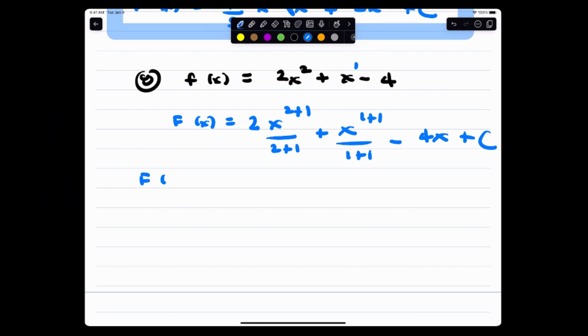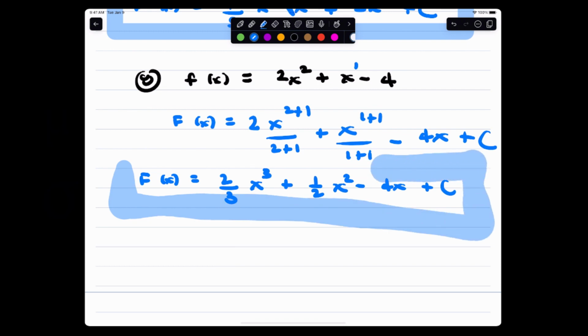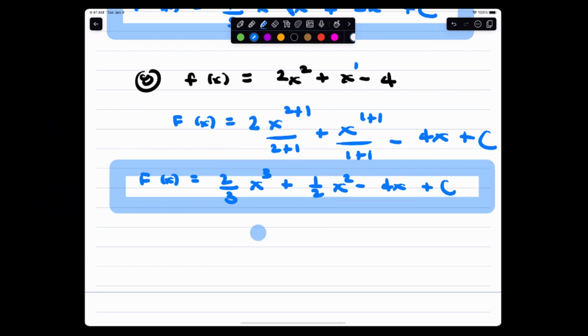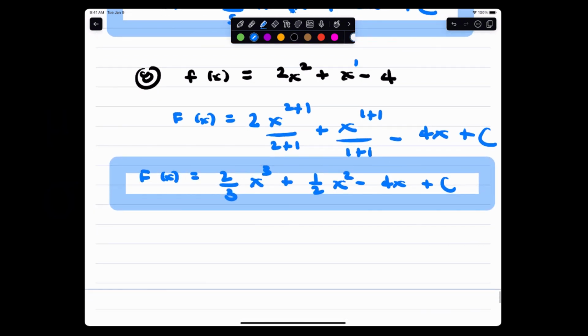Okay. Antiderivative. We get 2/3 x to the 3rd power plus 1/2 x squared minus 4x plus c. Double check, ladies and gentlemen. And there you go. Easy peasy lemon squeezy.